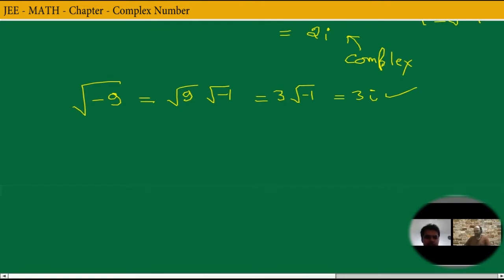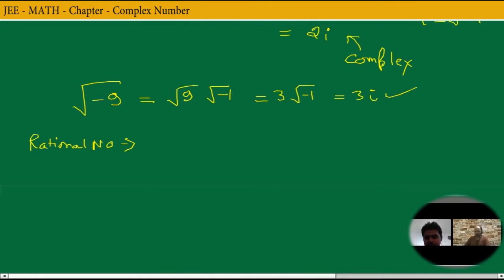General form means, if I try to define a rational number, how will you define it? Any rational number? Can you define a rational number?